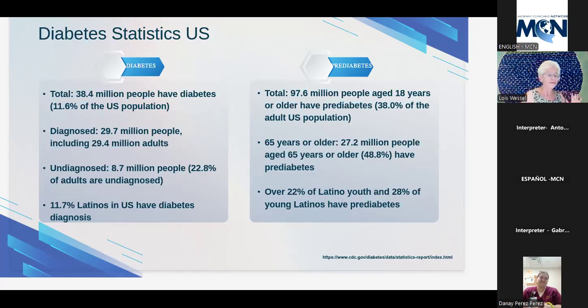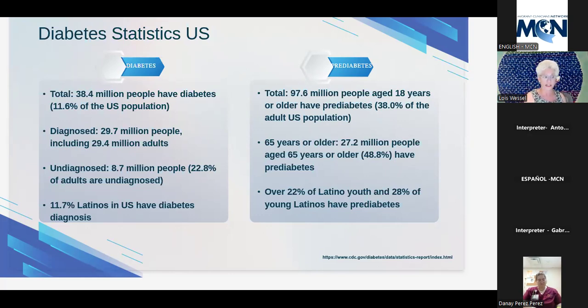Okay. So we've talked about why community health workers, and I want to talk about why diabetes. It's estimated that there are close to 40 million people in the United States that have diabetes. I've heard everything from 1 in 10 to 1 in 12, even in some communities, 1 in 25.